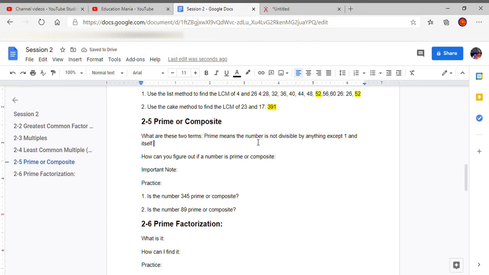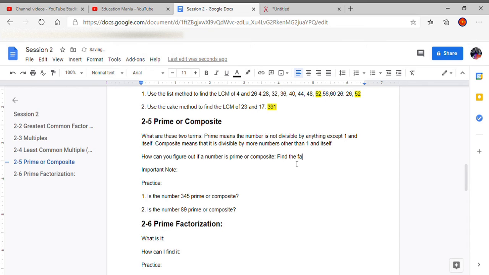And I think you can already guess that composite means that it is divisible by more numbers other than 1 and itself.